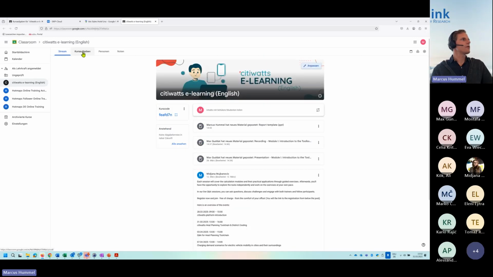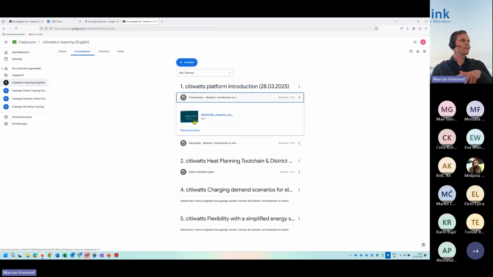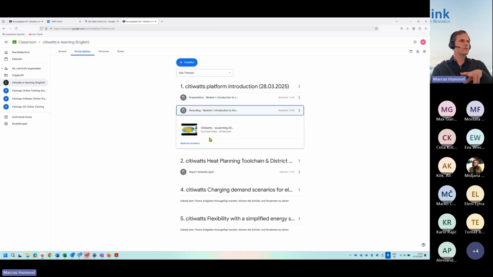Then if you go here, in German it's called Kursaufgaben, then you have the different slots, the different modules. For example, for the module of last Friday, we now have 2 materials for you. One is the presentation. You can simply download it as a PDF. And we also have the recording here, so you can directly see it. It's a link to the YouTube upload.